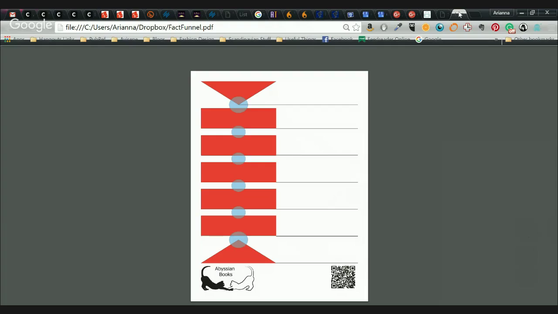So if you think about it, let's think about the Lord of the Rings for a minute. At the beginning of the Lord of the Rings, Frodo is home and he's happy and he doesn't want to move. He doesn't want to leave. Everything's great. And then stuff happens. Gandalf shows up. Frodo has to go on this epic journey. At the end of The Lord of the Rings, Frodo ends up back at home.